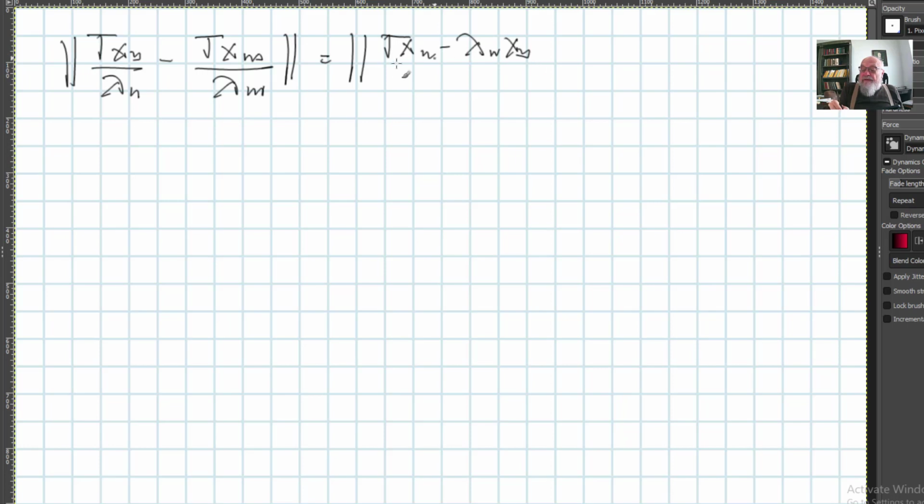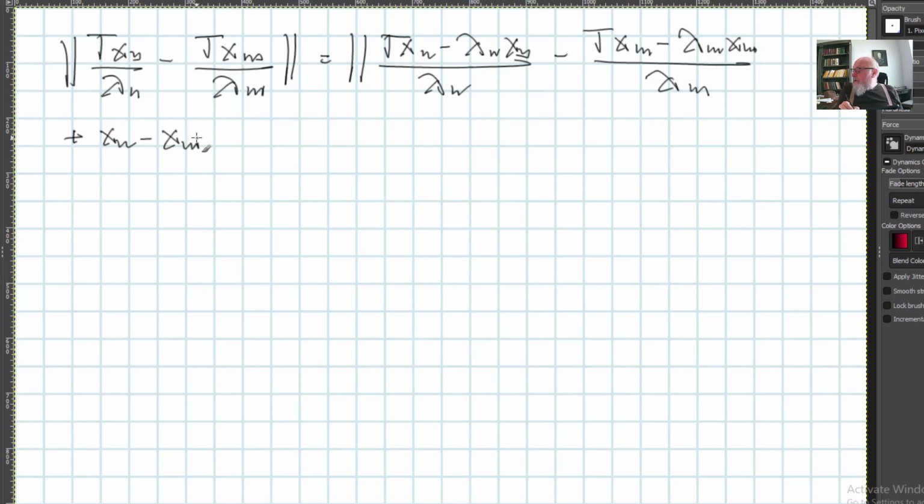Okay, so now look at this particular expression. Take Txn divided by lambda n minus Txm divided by lambda n, and rewrite it like this: Txn minus lambda n xn divided by lambda n, minus Txm minus lambda m xm divided by lambda n, plus xn minus xm.